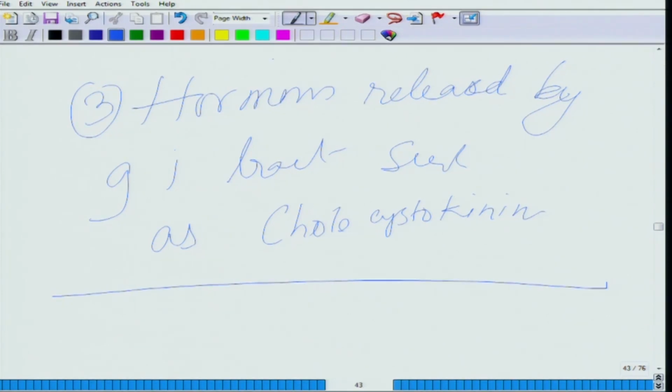So, these are the three major factors which lead to the secretion of insulin.